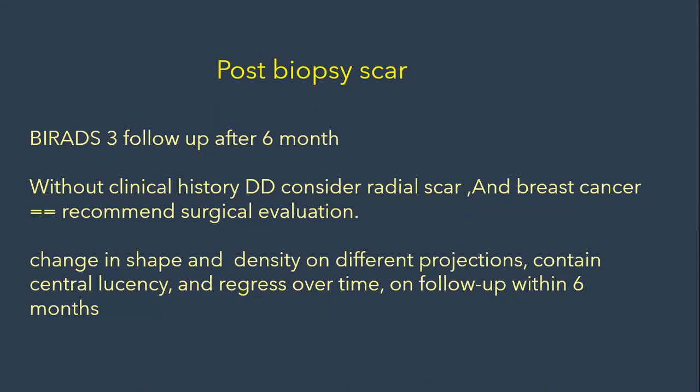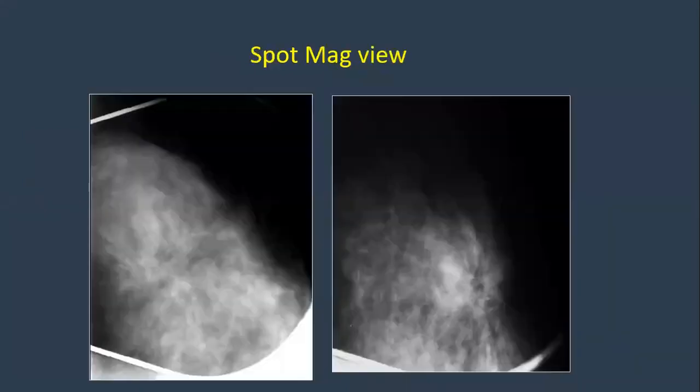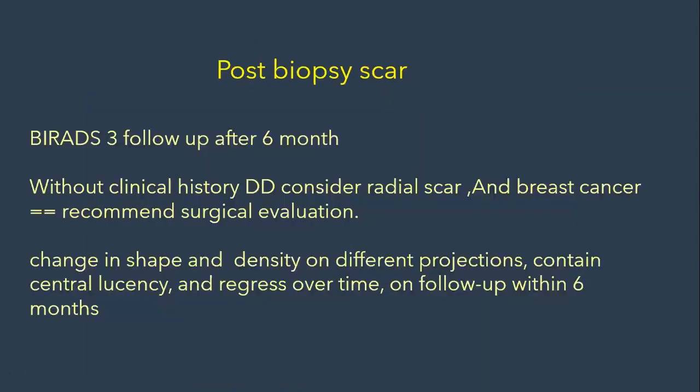Okay. Can you look for anything here? This is post-biopsy, or this is post-interventional scar. Look for the scar. Sometimes it gives a different shape in different views. Look here and there. You see the shape is a little bit different in different projections.